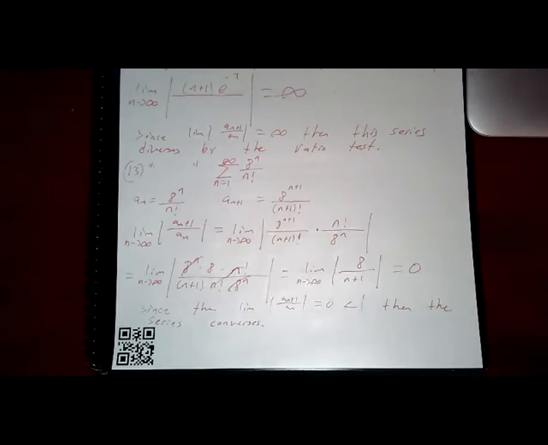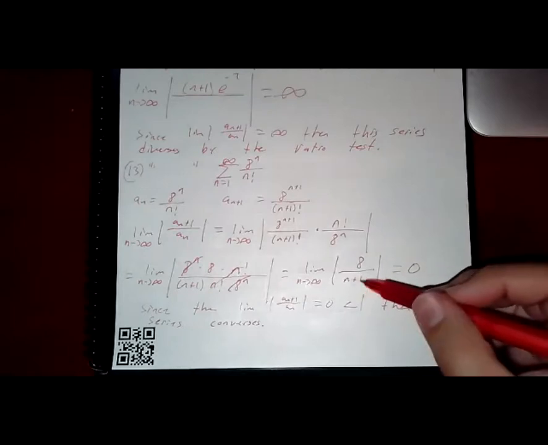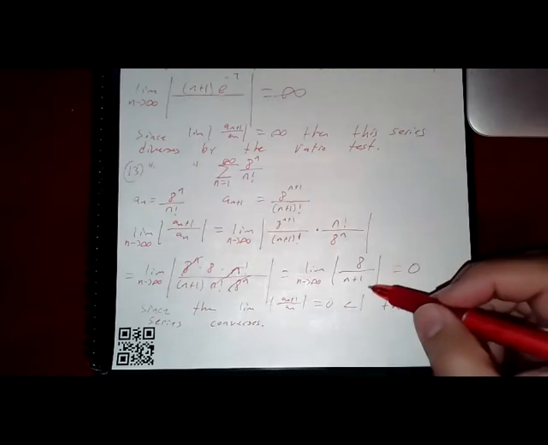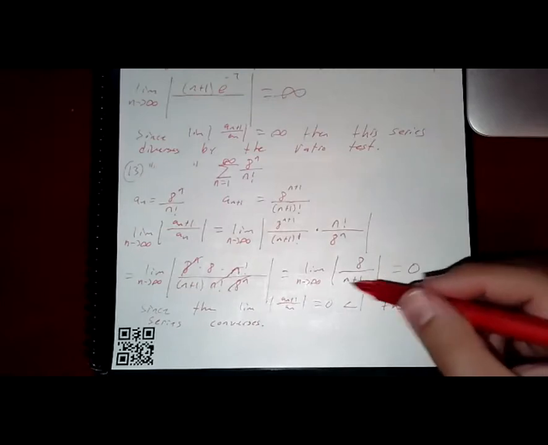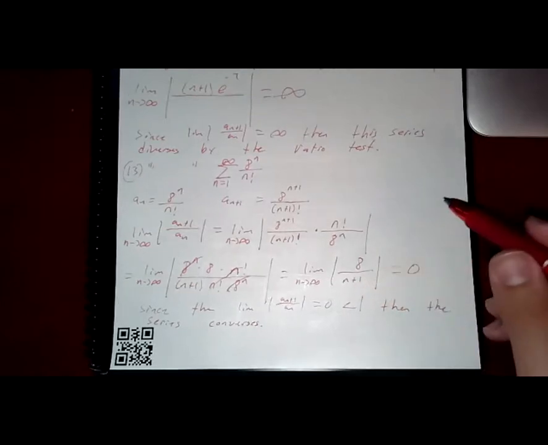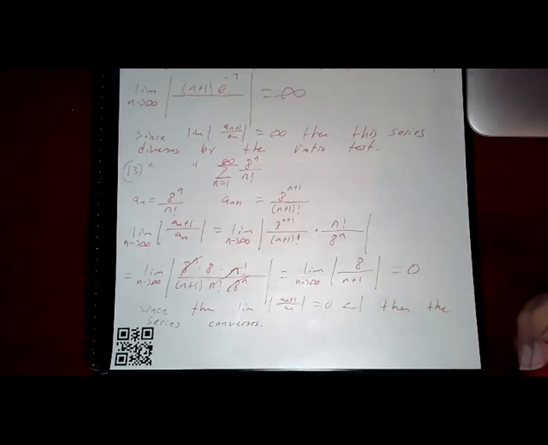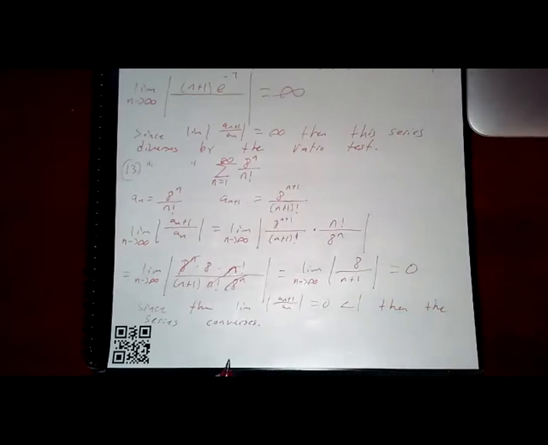I mean, you should show why, or you can give a small explanation: as n plus 1 keeps growing, since the bottom is going to infinity, this will go to 0. But to show it, you would divide each part by n. So either explain the theory or show it.